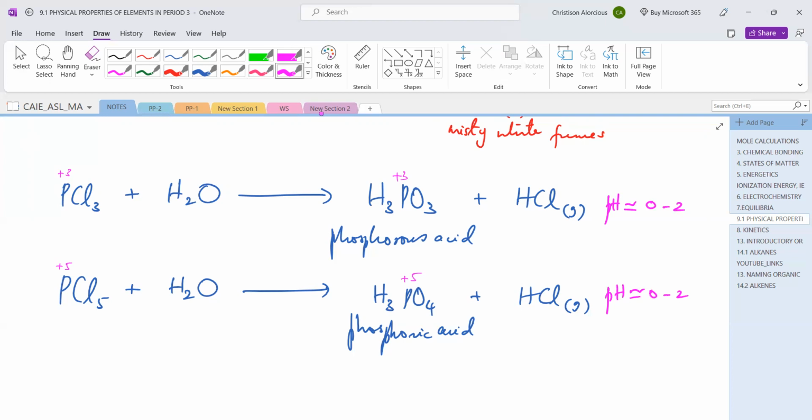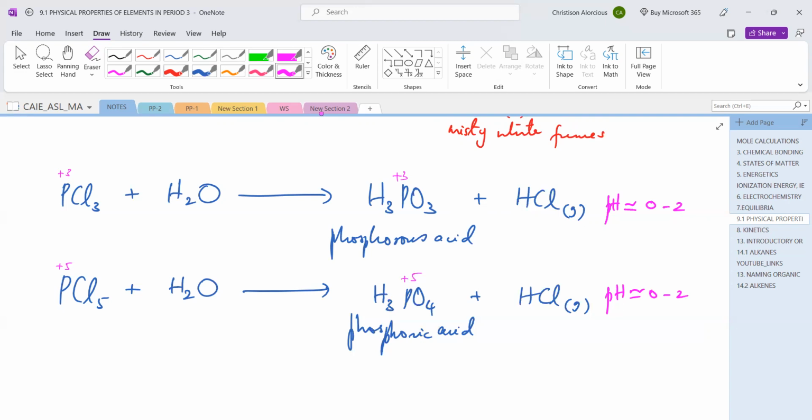The important things to remember are that the ionic chlorides dissolve in water, giving you hydrated ions in solution, while the covalent chlorides undergo hydrolysis, giving you hydrogen chloride gas and acidic solutions. As you go from left to right, the ionic nature decreases and the covalent nature of the chlorides increases.